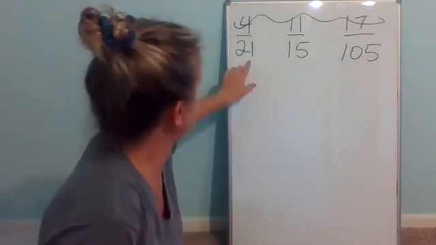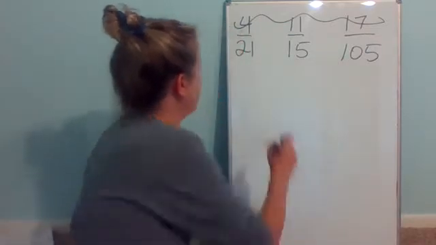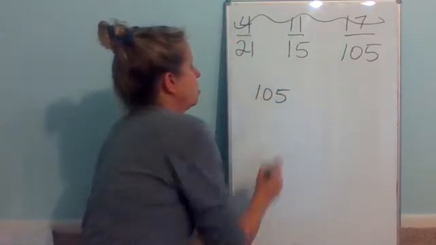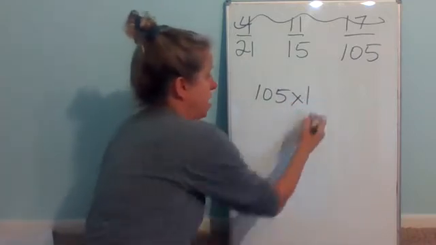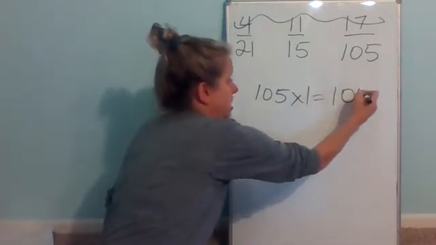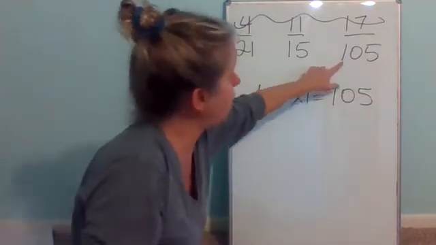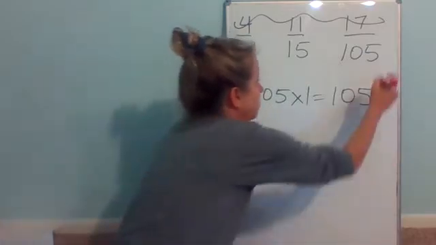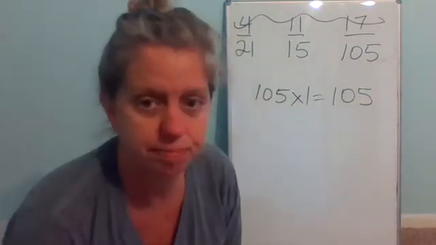So let's see all of these. My biggest one is 105. So the very first thing that 105 is going to go into is whatever 105 times 1 is, which is 105. Let's check. I know 105 goes into 105. What about 15?